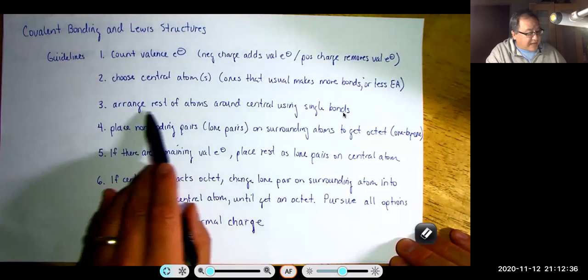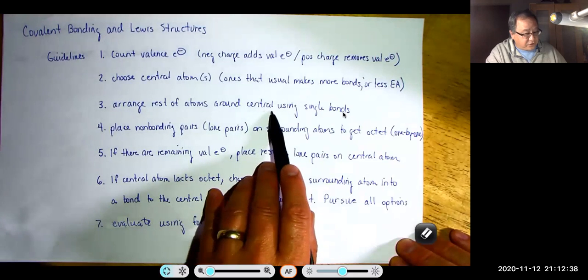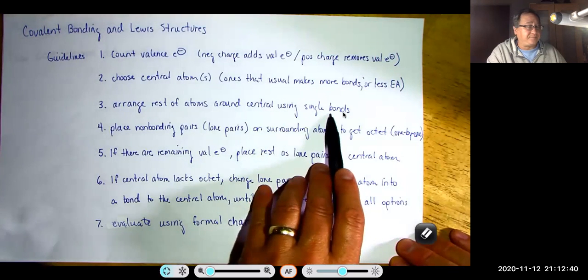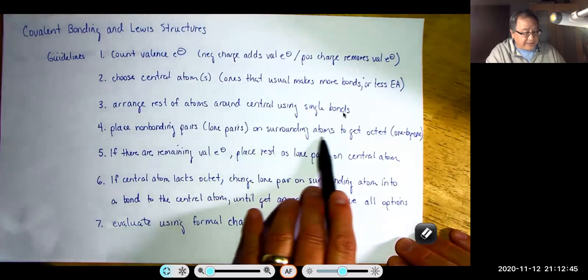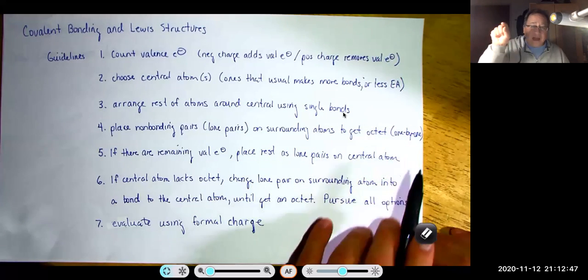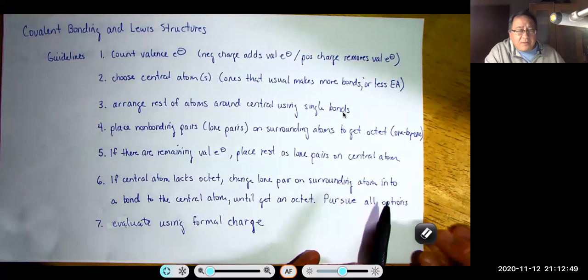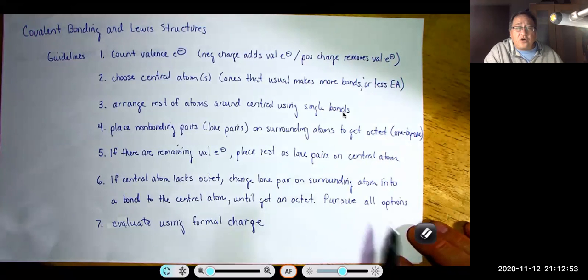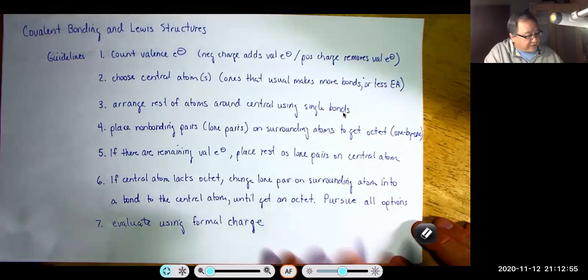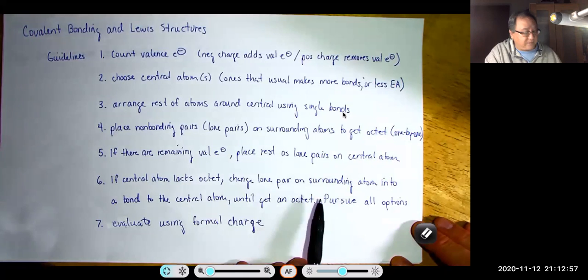You arrange the rest of the atoms around the central atom using single bonds. And then you place non-bonding pairs on surrounding atoms to get the octet. And you do this 1 atom at a time. And you want to make sure that when you put those electrons down as lone pairs, that you don't use more electrons than you counted in number 1.